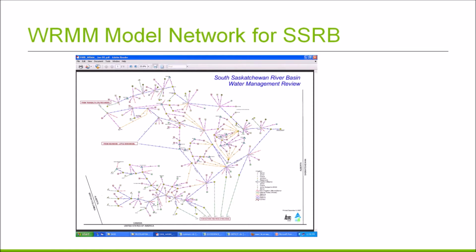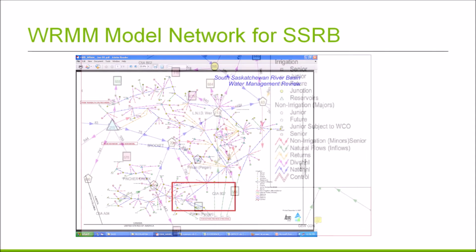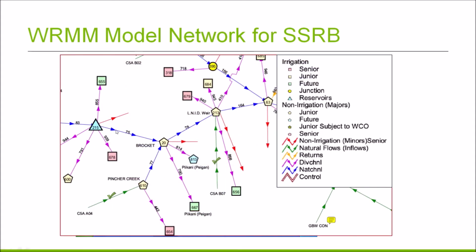So, for example, this is basically a schematic of the South Saskatchewan River Basin Water Management Plan model network. You can see this is the Red Deer system, we have the Bow system, and then we have the Oldman system over here. Just to zoom into a small portion, you can see these are like the natural river network, and then we have different types of water use, like irrigation and non-irrigation, and every water user has an identification number.